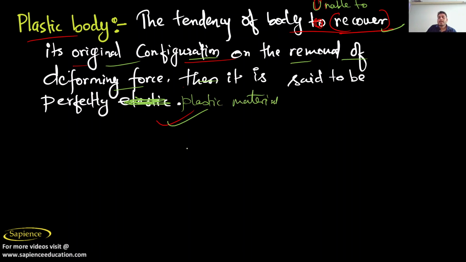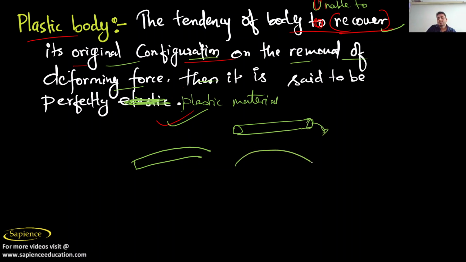See here, this was the original rod, and you have applied a force, and due to this force it bent like this. Now after removal also, what happened? No forces are there, so after removal also the shape remains unchanged. The shape remains unchanged after removal of the external force.